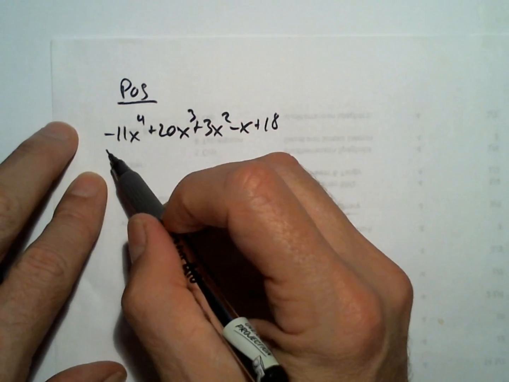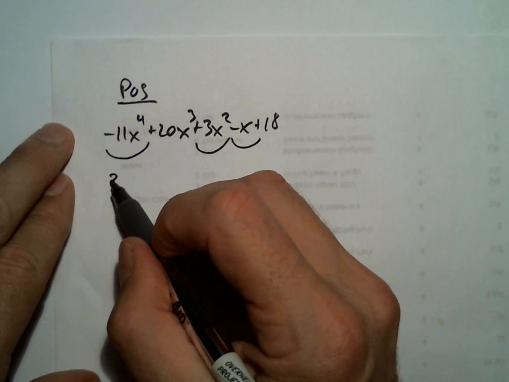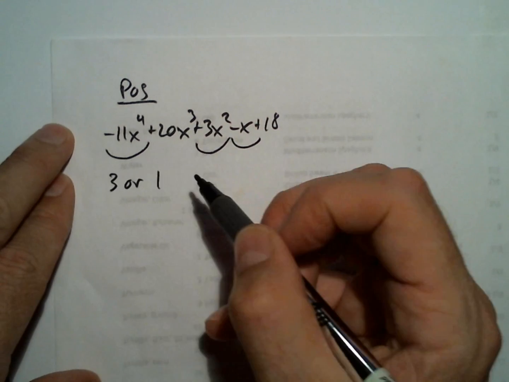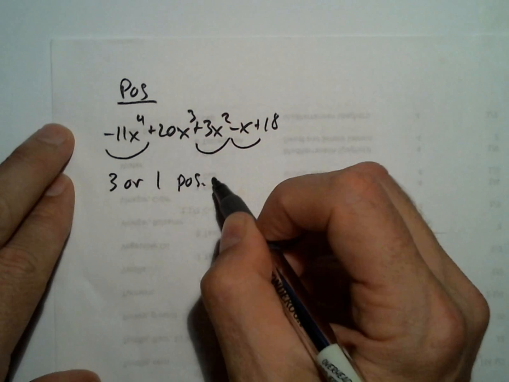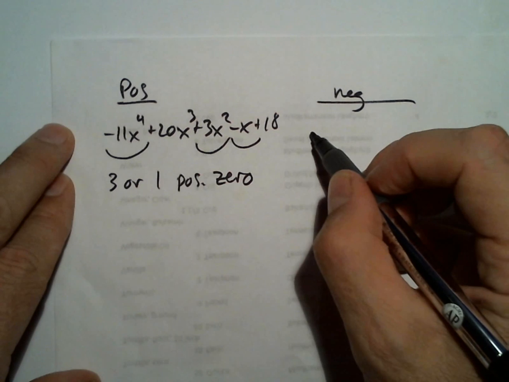We're going to go 1, 2, 3. So we have 3 or 1 positive zeros. Let's look at the negatives.